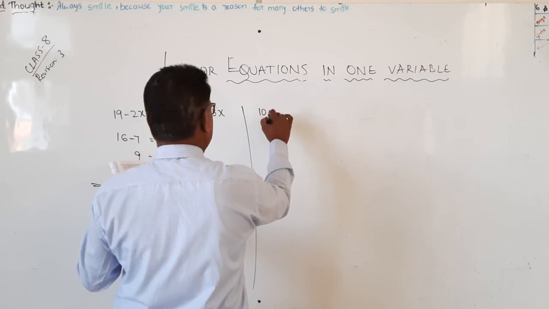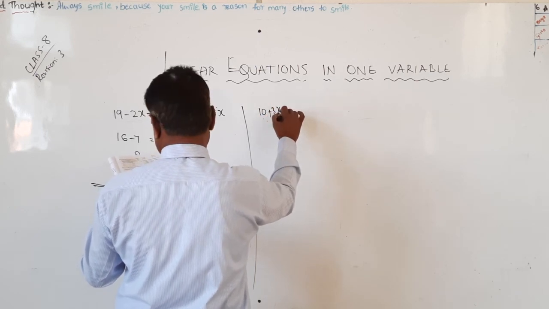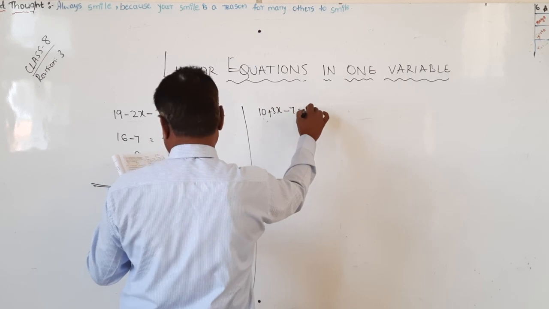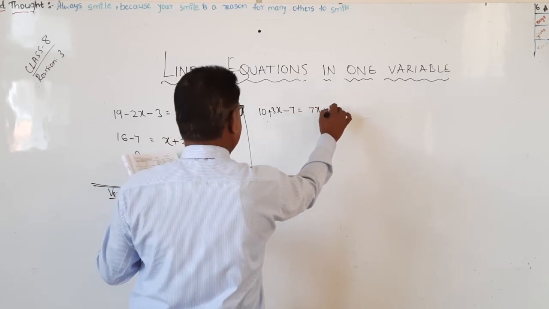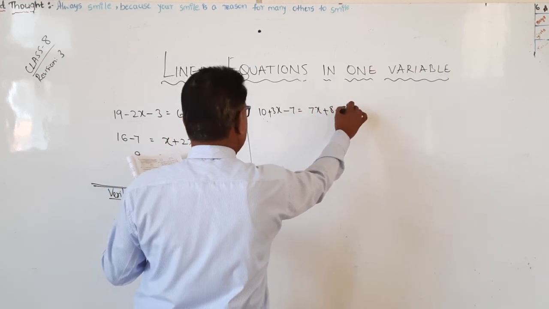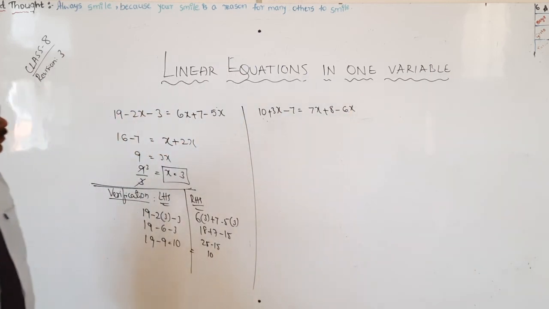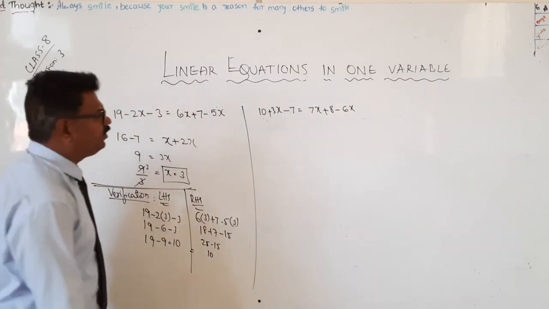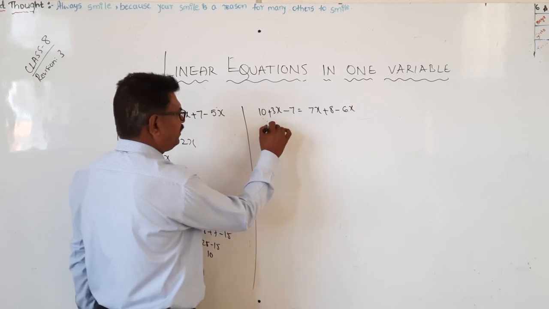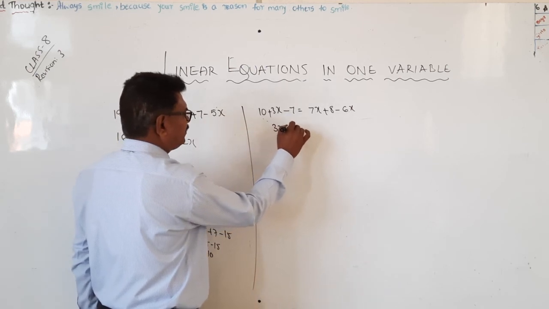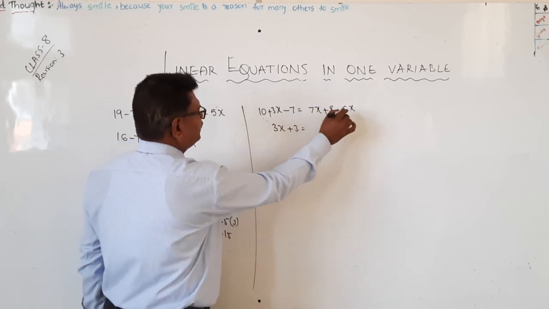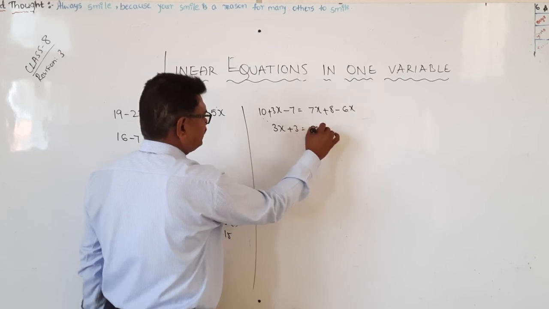10 plus 3x minus 7 is equal to 7x plus 8 minus 6x. Here also same thing. You can write one more step. 3x plus 3 is equal to 7x minus x is x plus 8.